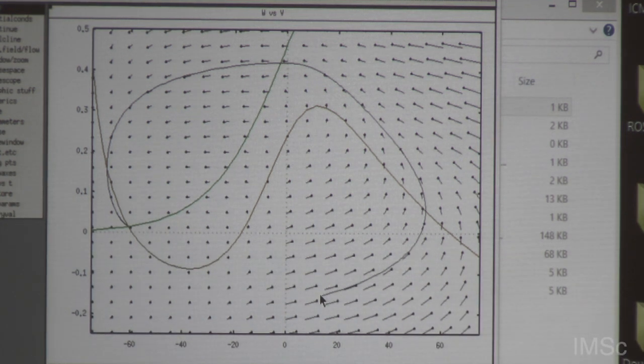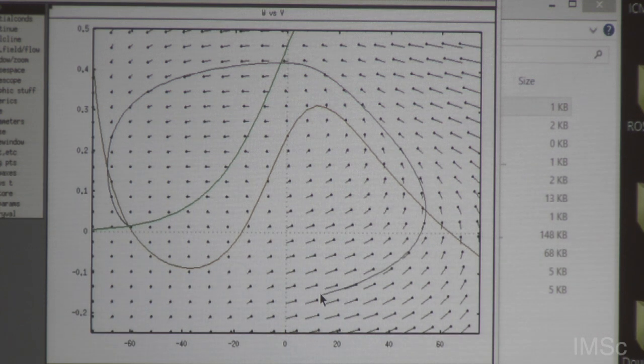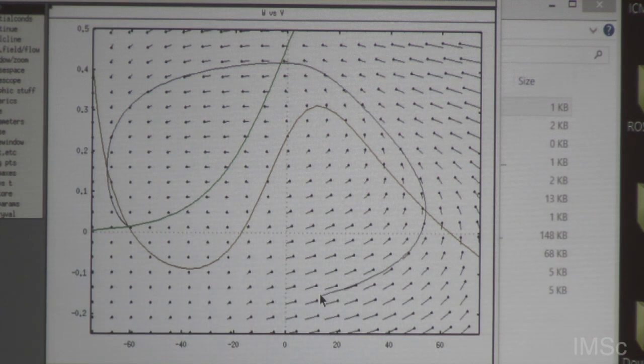Just because one trajectory is coming close to the fixed point is not a guarantee that all trajectories will. But if all trajectories in the neighborhood are coming towards it, then asymptotically, if you wait long enough in time, that is a stable fixed point, because it's attracting all the trajectories in its neighborhood, right?